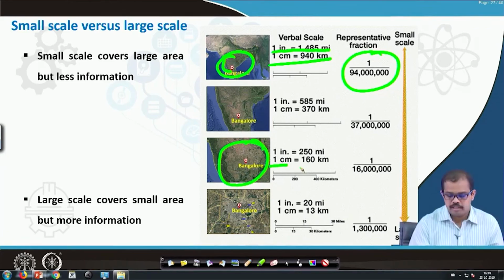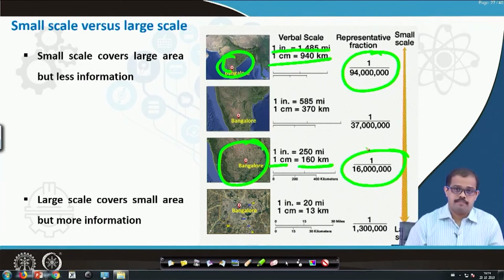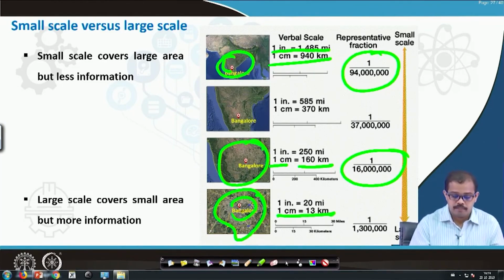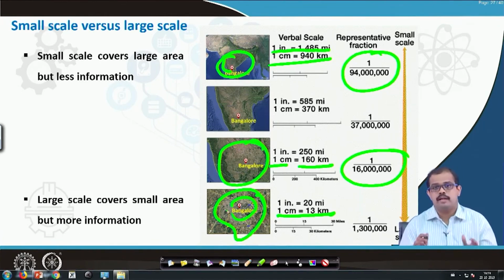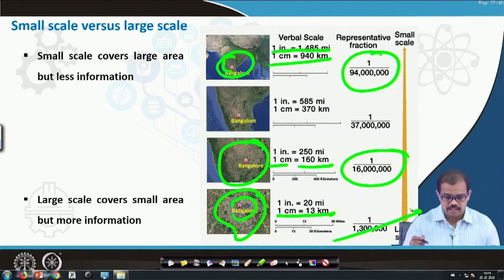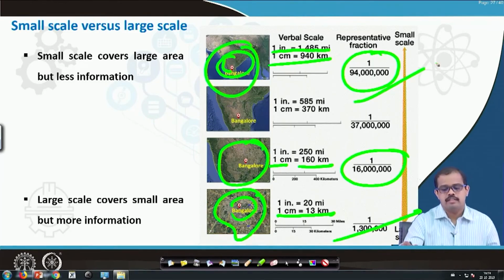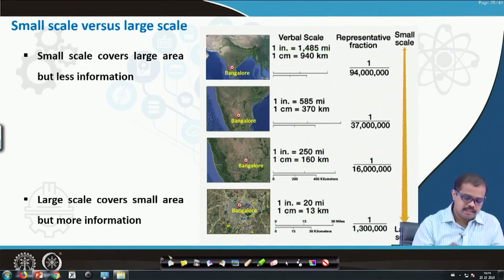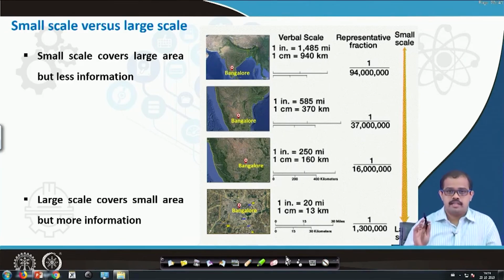So it is 1 centimeter equal to 160 kilometers. It is representing much larger fractions, and when you go here, you are able to see much more detail about Bangalore, where 1 centimeter is 13 kilometers. This means it is giving you a huge wealth of information. That's why it's called a large scale, whereas when it is just giving you the location, it is called a small scale. So this is the difference between a small scale and a large scale map. Okay, please remember this. This is where most of the students make a mistake: a large scale and a small scale map.